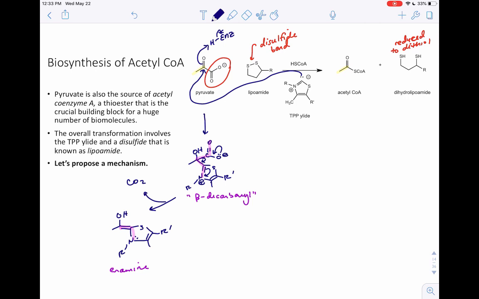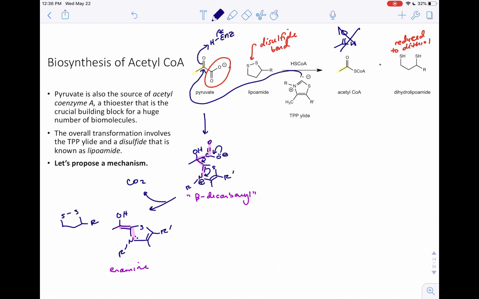So what happens next might not be obvious. This time we're not going to protonate. And why not? Well, last time we protonated because we were making acetaldehyde, right? And so from here we protonated that carbon to get this proton. But that's not what's happening here. We're not getting acetaldehyde, we're getting acetyl-CoA. So it's a little bit different now what happens.